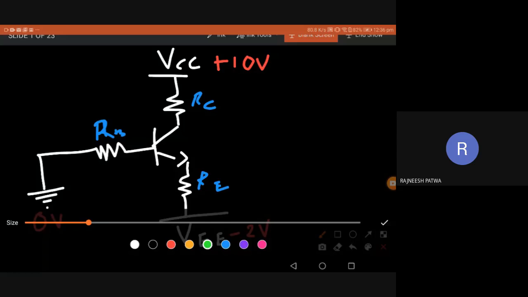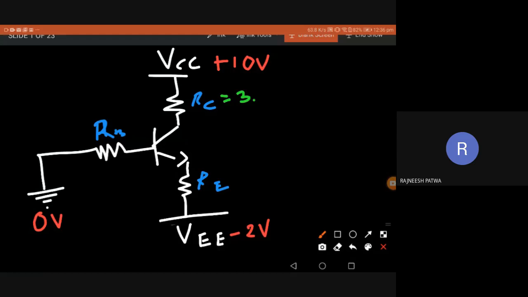RC is 3.6 kilo ohm, RE we can take as 1 kilo ohm, and RB is 2.7 kilo ohm. Now you have to calculate the Q point, meaning IC, IE and VCE.